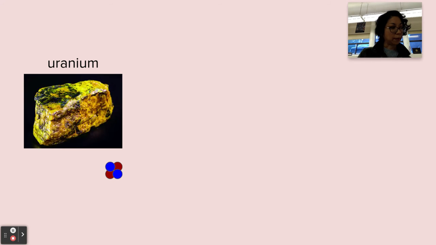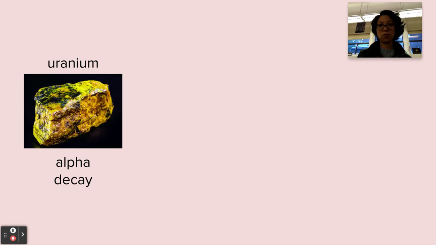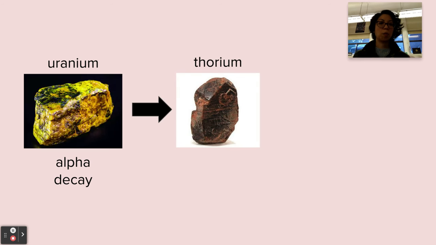So uranium is radioactive. And let's say a uranium atom goes through alpha decay. Okay, so it loses 2 protons. Pew, there it goes. When it does that, it turns into the element thorium.